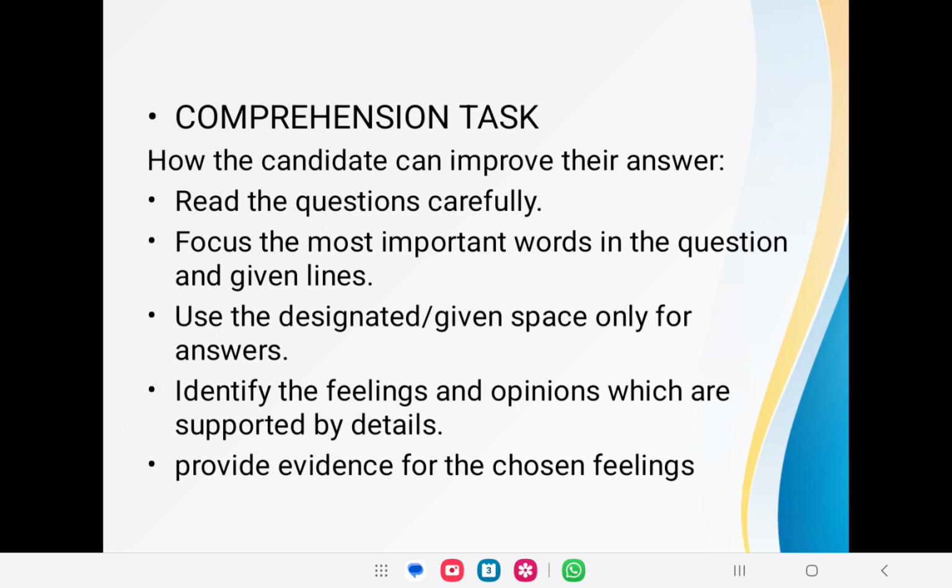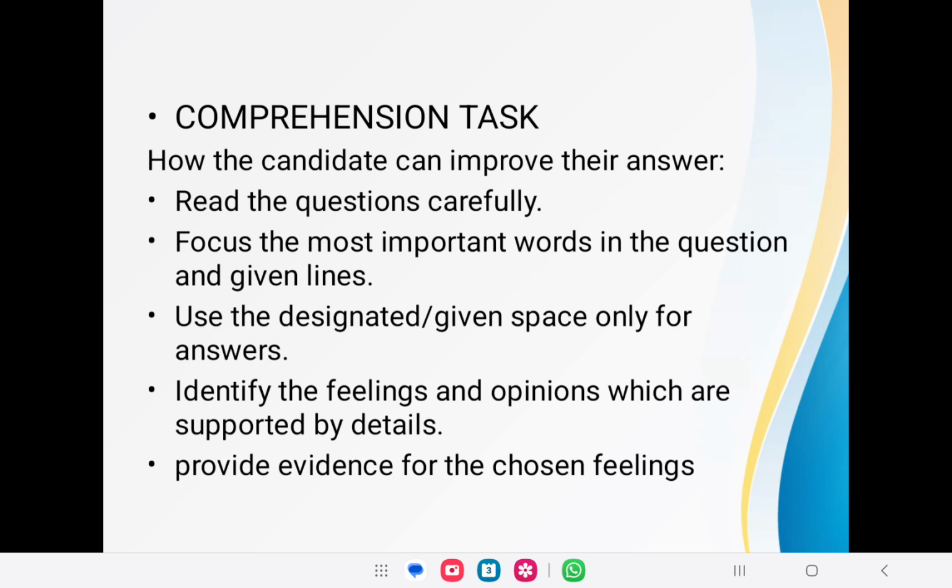In comprehension task, for 16 marks you are going to show understanding of explicit, meaning something that is clearly written there, and implicit, something that is between the lines, something that is hidden there. You need to read it, understand it, and then come up with your own answer.